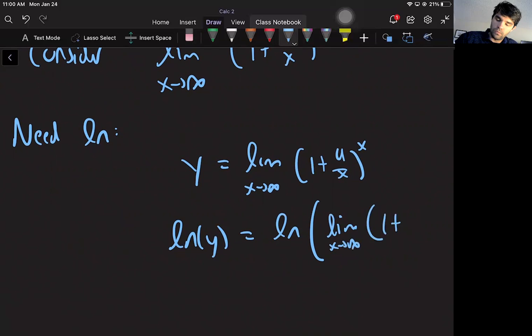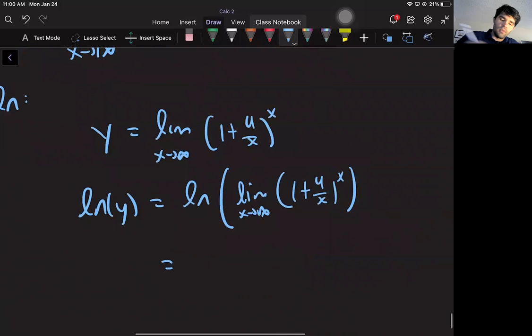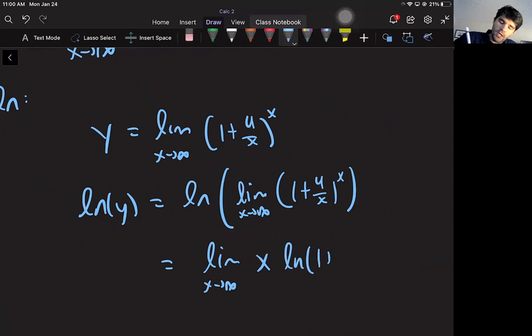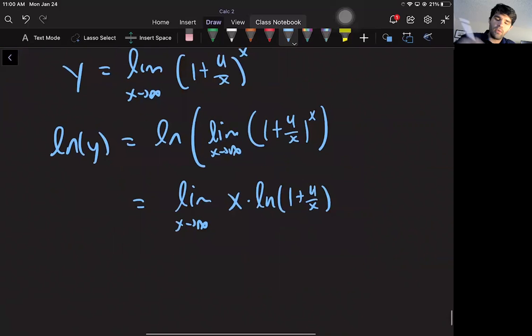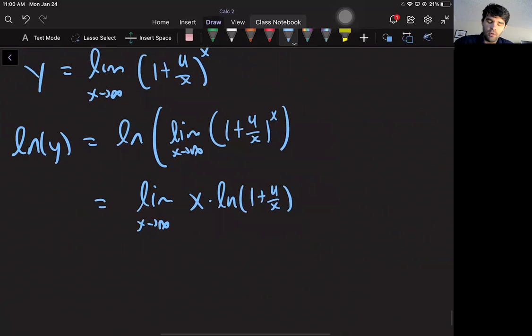So you don't have to do this many steps. But the point is that what you end up looking at is this limit. So now I can bring that x down because of log rules, and I have multiplication instead of power. And then to use L'Hopital, it needs to be infinity over infinity or 0 over 0, which it's not right now.